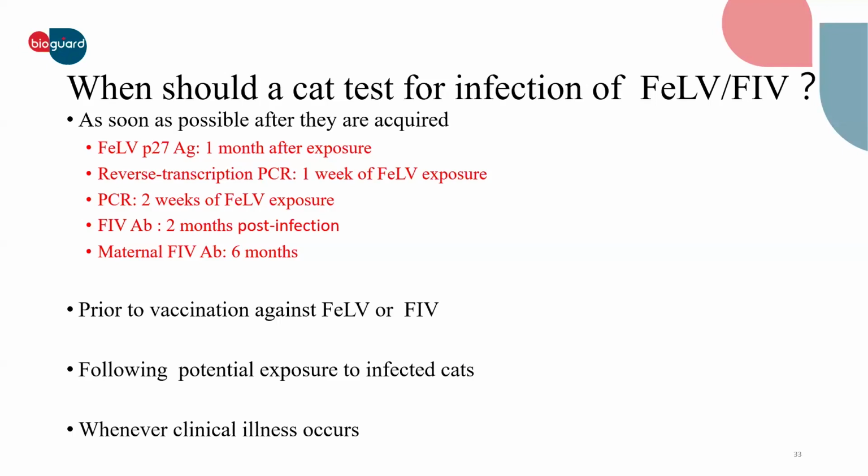The FeLV P27 antigen, that's for the rapid test, can show up 1 month after the infection. For reverse transcription PCR, it is much earlier, usually 1 week after FeLV exposure, but sometimes may take 2 or 3 weeks.